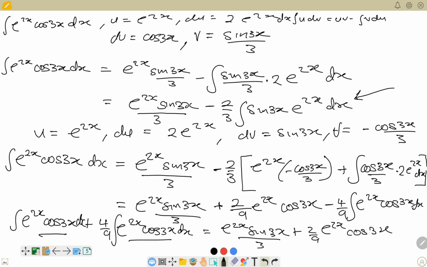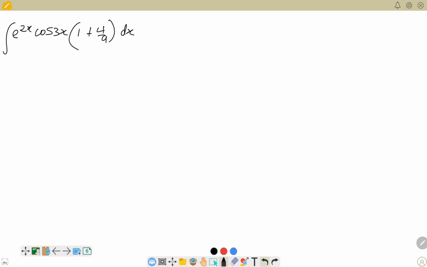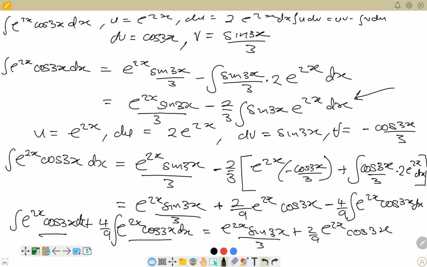Even here, it's divided by 3. So on the right hand side, we can take out 2 over 9 as a common factor, because 2 over 9, is it smaller? I think it has to be smaller than 1 over 3. I'm not sure. I'm not good at adding maths like that.